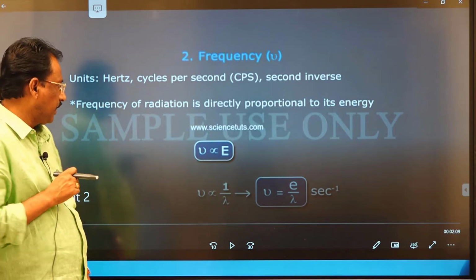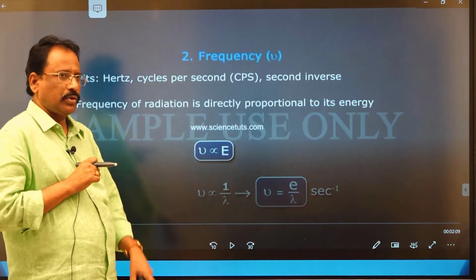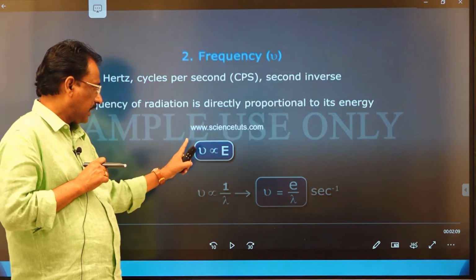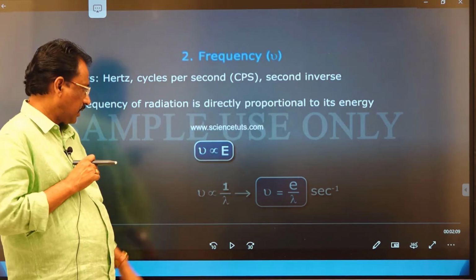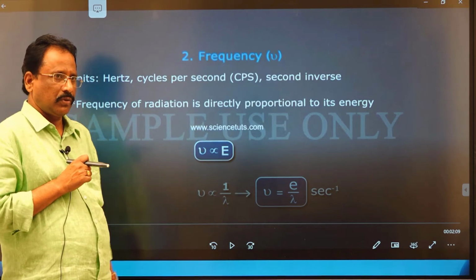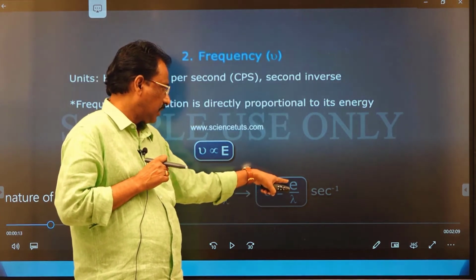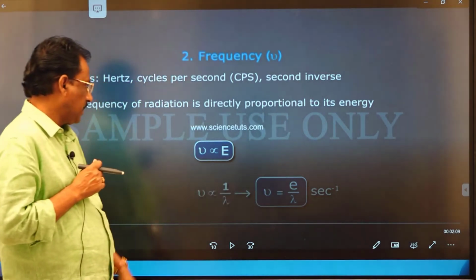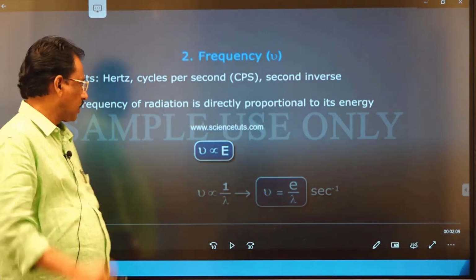A very important point is that frequency and wavelength are inversely proportional to each other. That's why frequency and energy are directly proportional to each other. That means nu is equal to C by lambda. This is not E, please correct that one. Nu is equal to C by lambda. That means lambda and frequency are inversely proportional to each other.